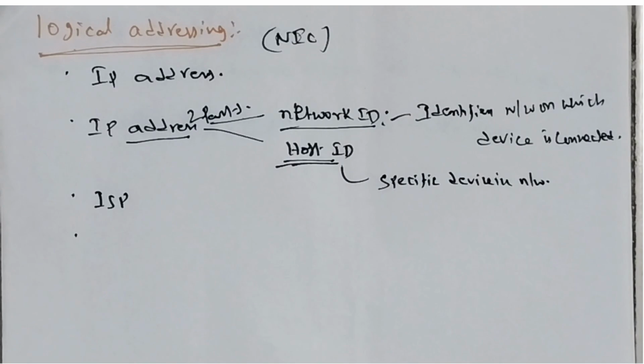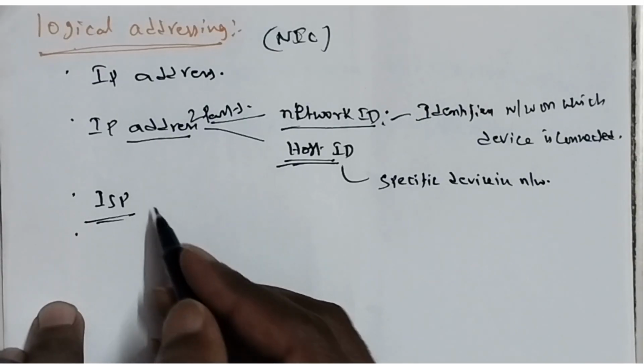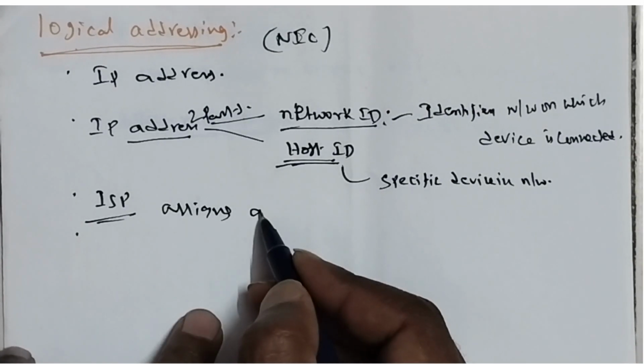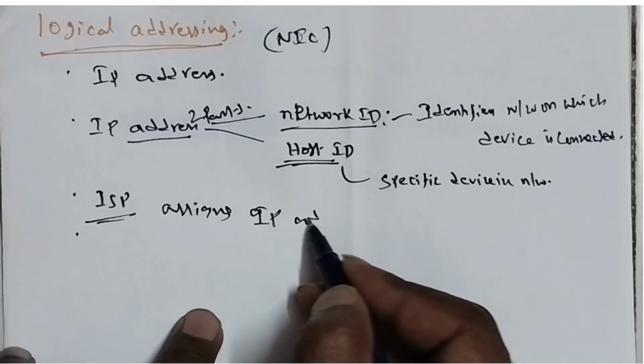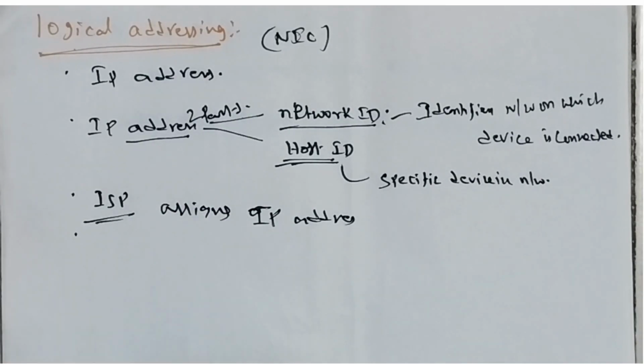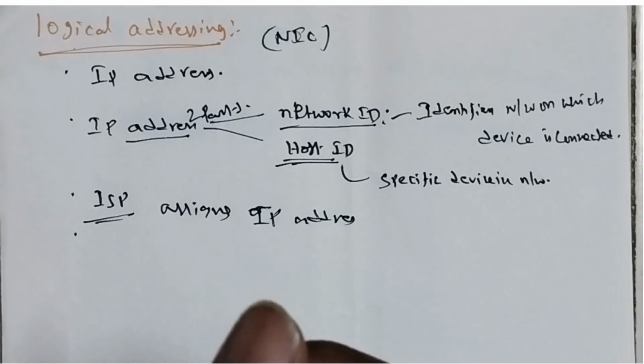Here, the internet service provider, ISP, assigns the IP address. Internet service providers are nothing but our Hathway, Jio, Airtel, and whatever other service providers we have.